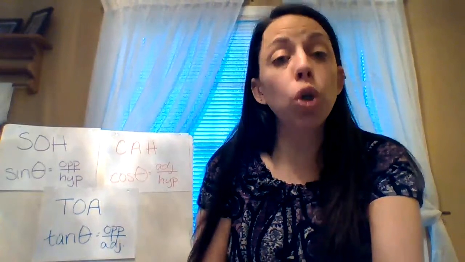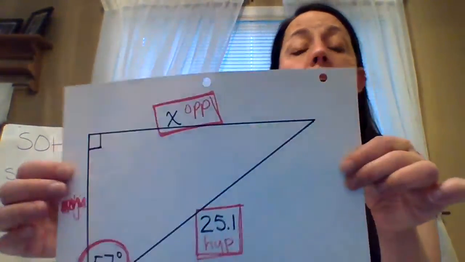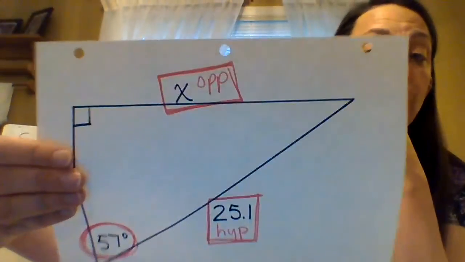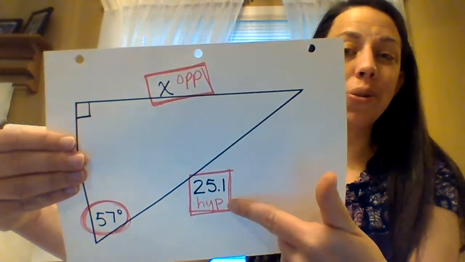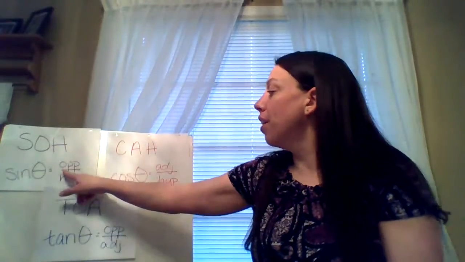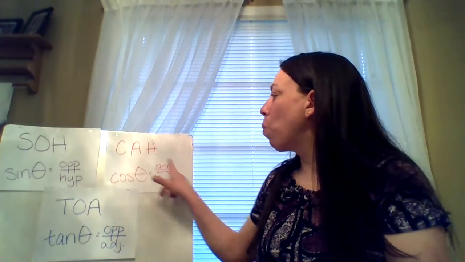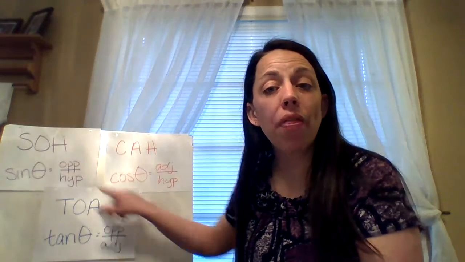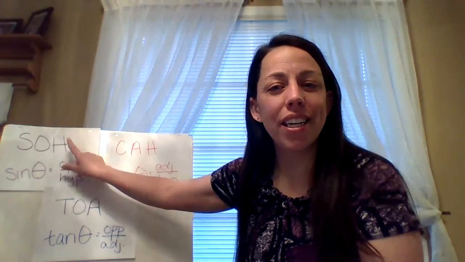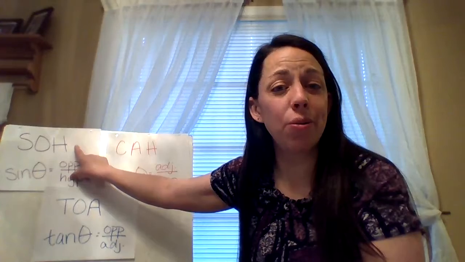That means there's only two important legs. What two legs are important in this triangle? Opposite, hypotenuse. So let's go over here and figure out which of these ratios is the one that says opposite and hypotenuse. And so in order to solve example 1, I am going to have to use sine.